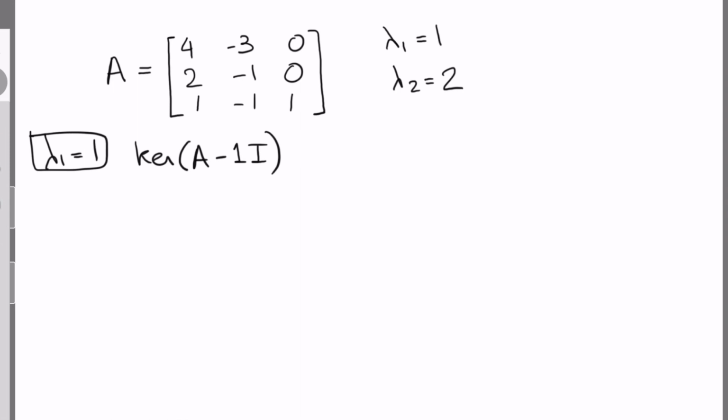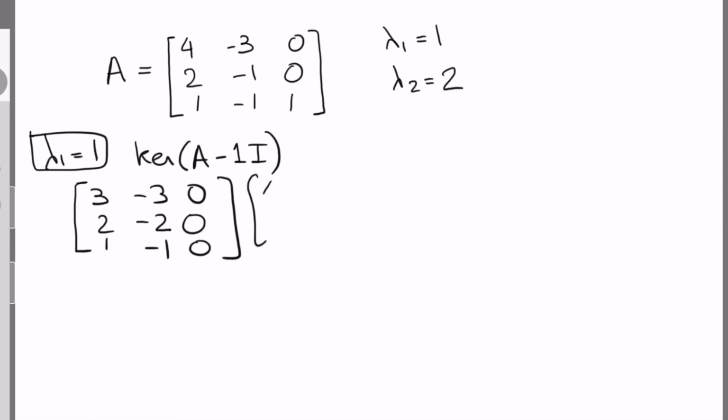So this eigenspace is the one that we are interested in the base. So in order to do that, we are going to write the matrix, but now we are going to subtract in the diagonal just 1, that is the value of lambda. So that will be 4 minus 1 is 3, minus 3, 0, 2, minus 1 is 1, 0, and then 1, minus 1, and 1 minus 1 is 0.